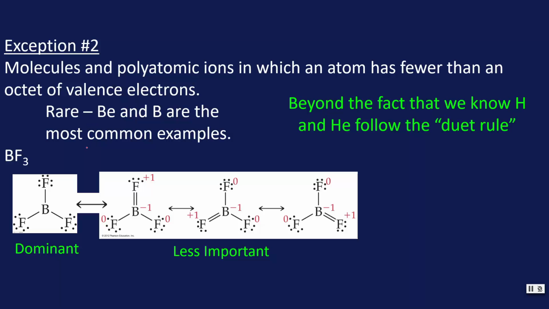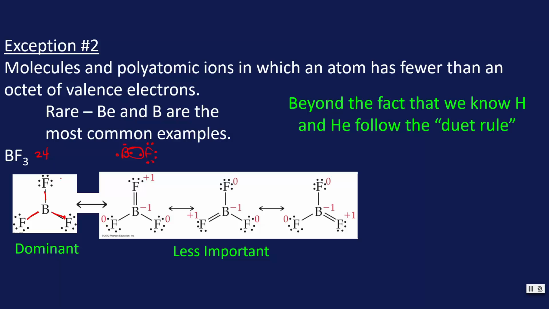Beryllium, boron are the most common examples. Boron has 3 valence electrons. Each fluorine has 7. So there's a bond, just like we have here. Boron does that with 2 other fluorines as well. And this is the dominant structure.